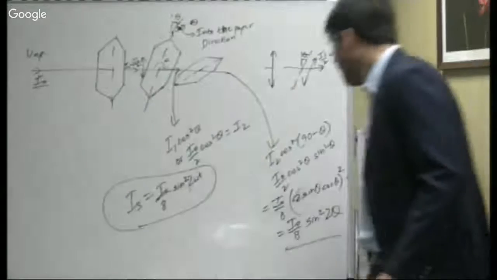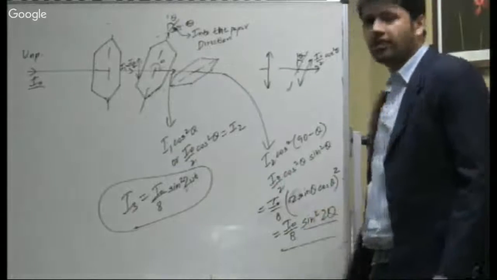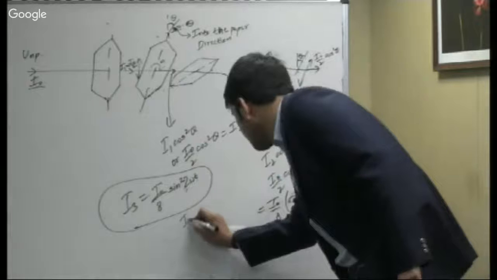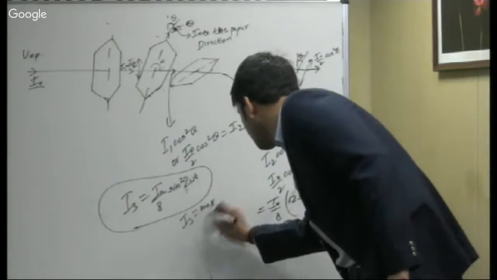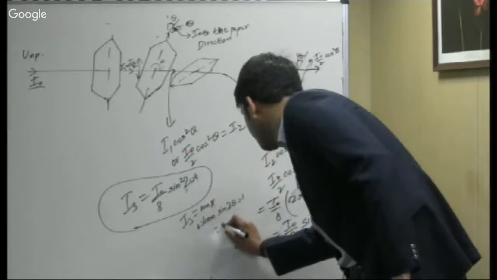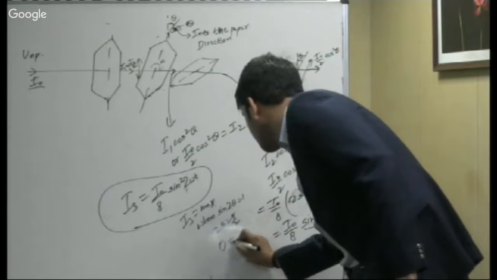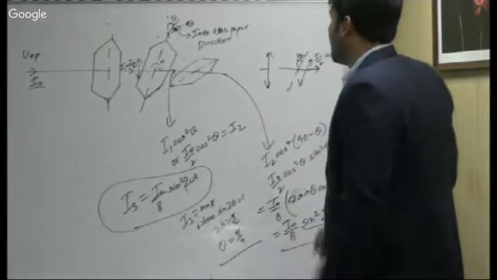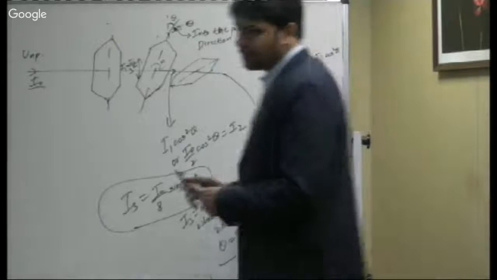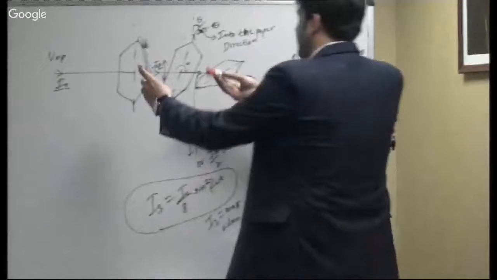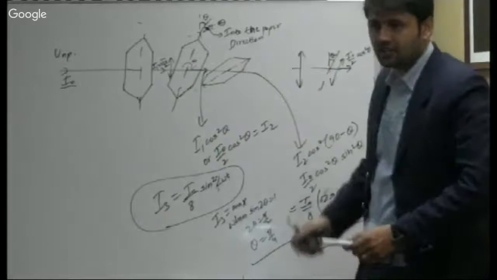The intensity would be maximum when sine 2 theta is 1, or 2 theta is pi by 2, or theta is pi by 4. So when the middle polaroid has its axis in between: the first polaroid has its axis vertical, the second one horizontal, and the middle one should be at 45 degrees. In this case, the intensity would be maximum.